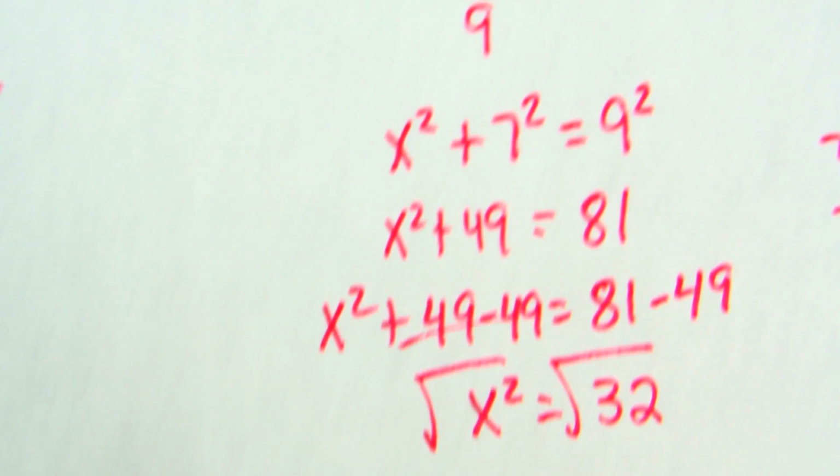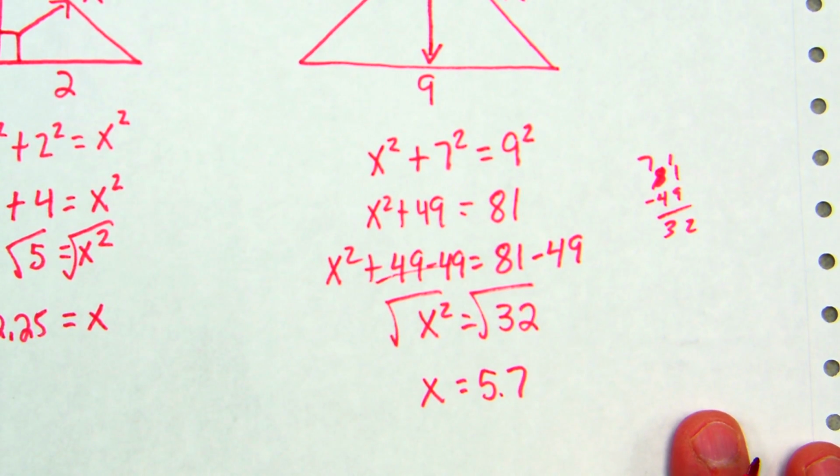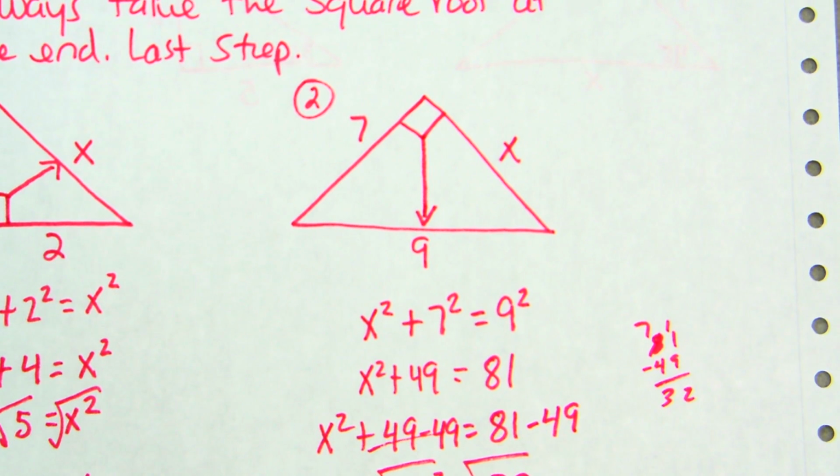And I'll zoom out for you, and it would check out because 9 is my hypotenuse, and 5.7 should be not as long as the hypotenuse. So that is the Pythagorean theorem, and you use that to find the lengths of the sides, and it can only be used when you have a right triangle.